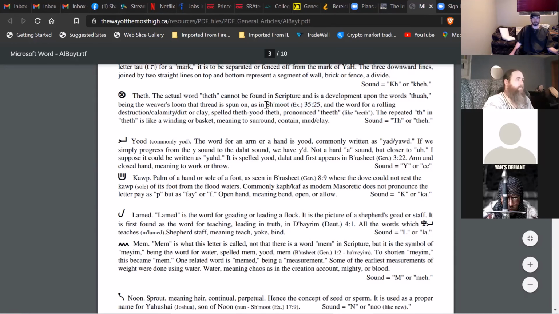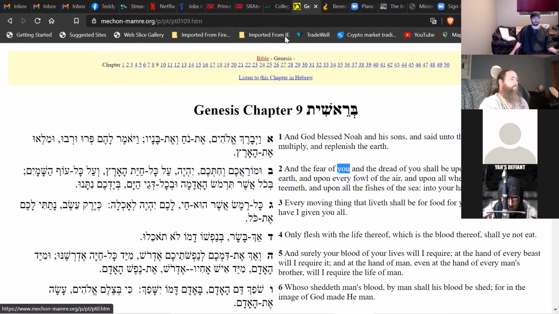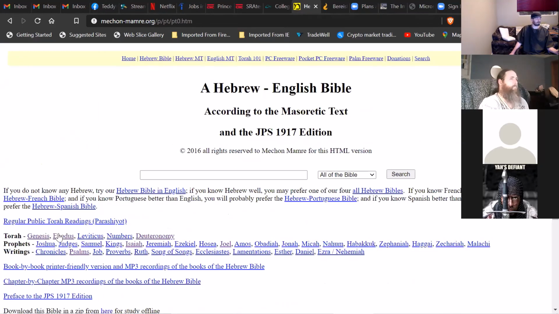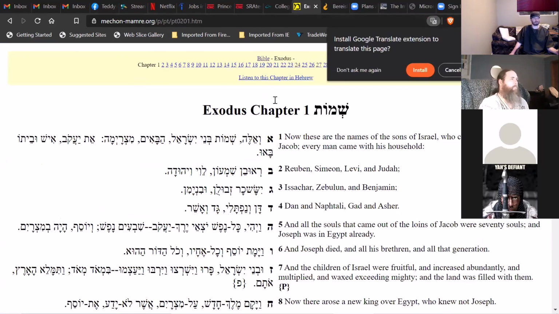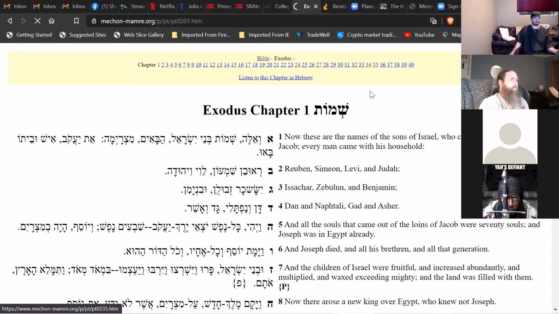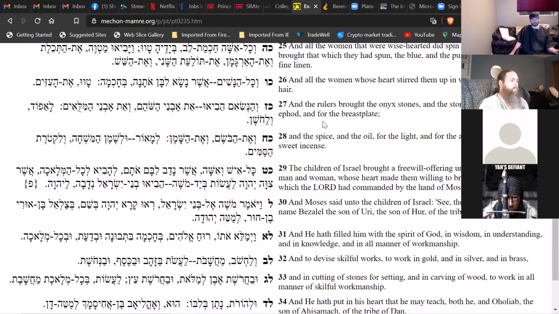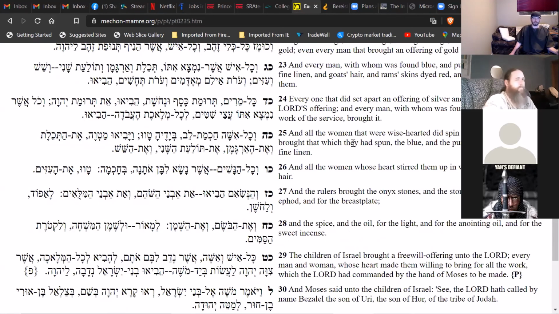So look at Exodus chapter 35, verse 25. And all the ladies that were wise-hearted would spin with their hands. That's with their hands.